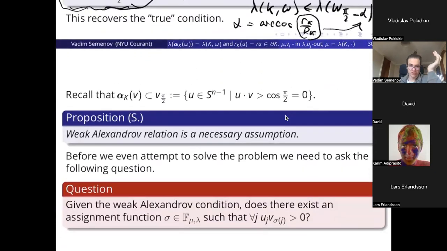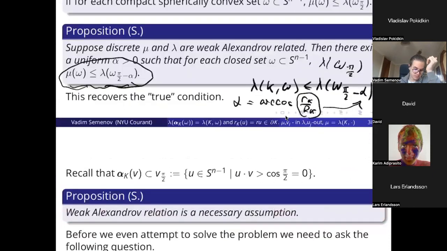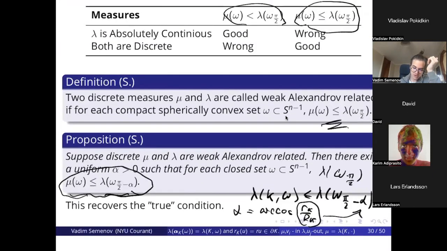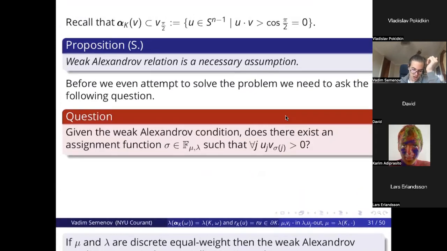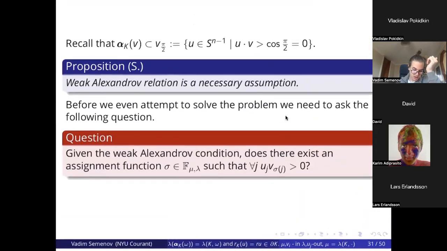Okay, so first of all, the weak Aleksandrov relation, the one where you have less than or equal, is a necessary assumption. Before we even begin this problem, we have the weak Aleksandrov relation, which is a necessary assumption.